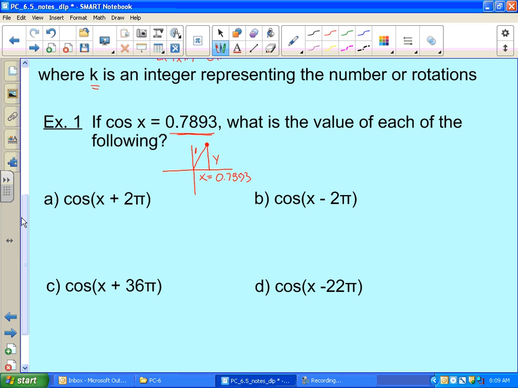So we have some y value that we don't know. We can find it, but we don't need it right now. So we're going to take that point, and we're going to start at that exact angle x that we've rotated already. And we're going to add to it a 2 pi rotation. So now we're going to go around and get back to the same spot.